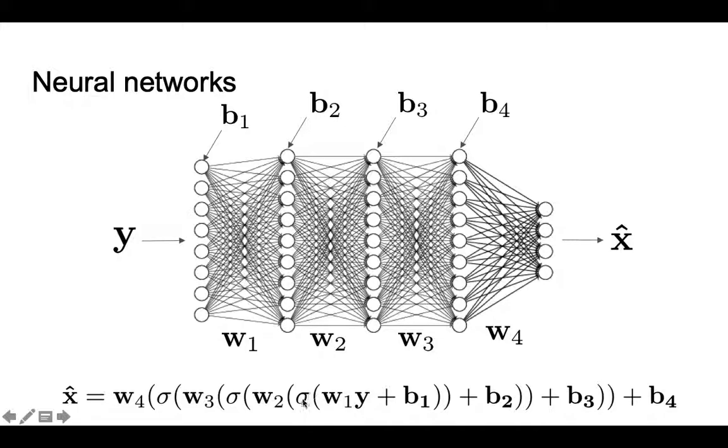And basically, the approximation capability comes from this sigma, which is the nonlinearity. So it is shown that neural networks are very good function approximators. For example, if you take a neural network with one hidden layer, but with, of course, infinite width, then it can approximate almost any function. So this is one major motivation that we would want to use such a function approximator.